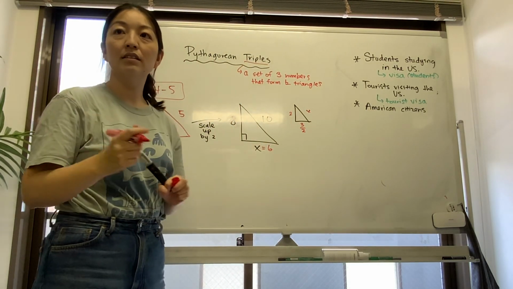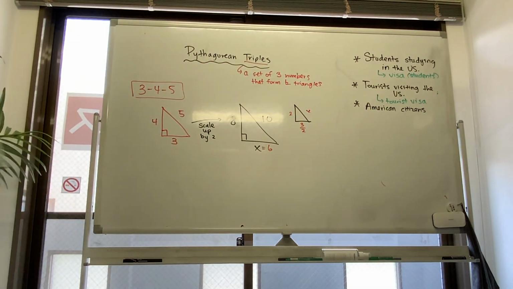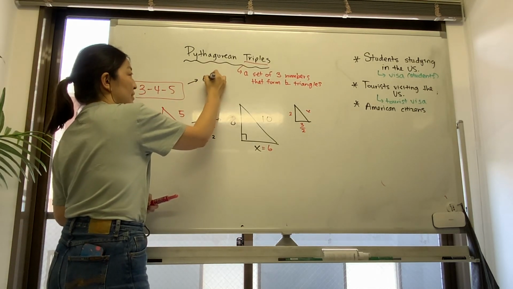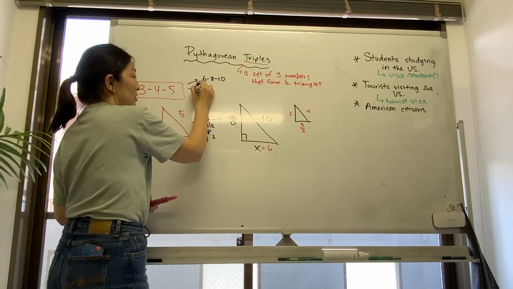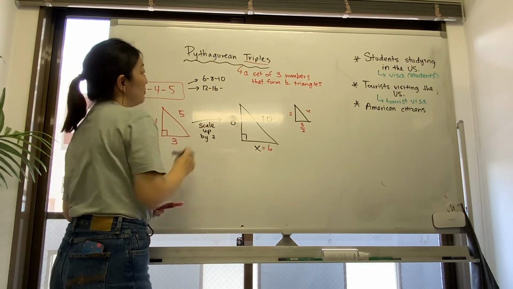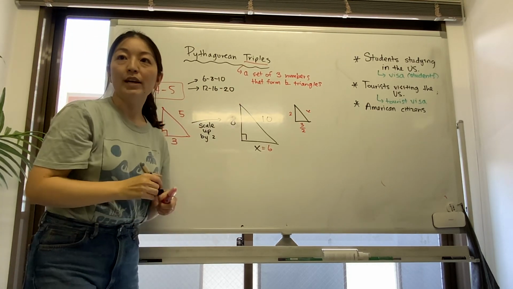Yes, Ariana? So you can use this when you don't wanna do a lot of calculating. Yes, you will be able to spot these numbers, okay? 3, 4, 5, that means that you can have a 6, 8, 10 triangle. You can have a 12, 16, times 4, times 4, times 4, 20 triangle, right?